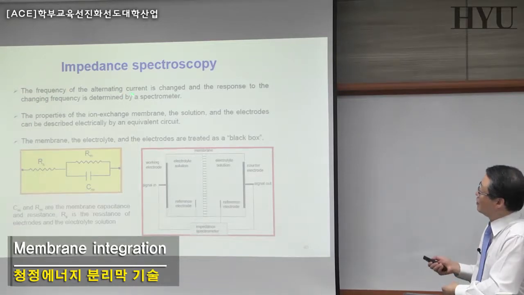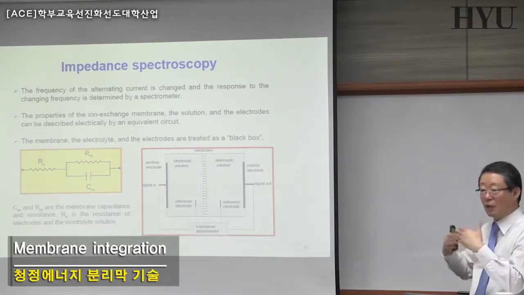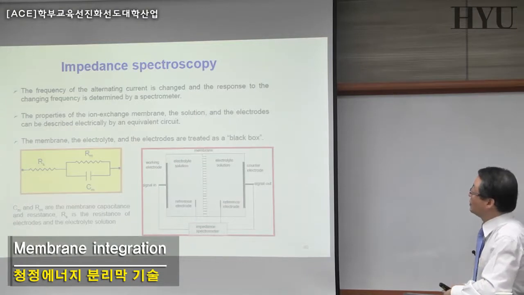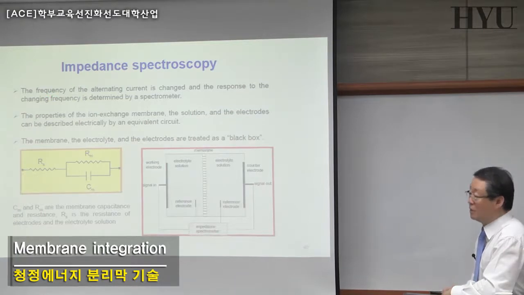The frequency of the alternating current can be changed, and the response to the changing frequency is how we can measure the impedance in this spectroscopy.